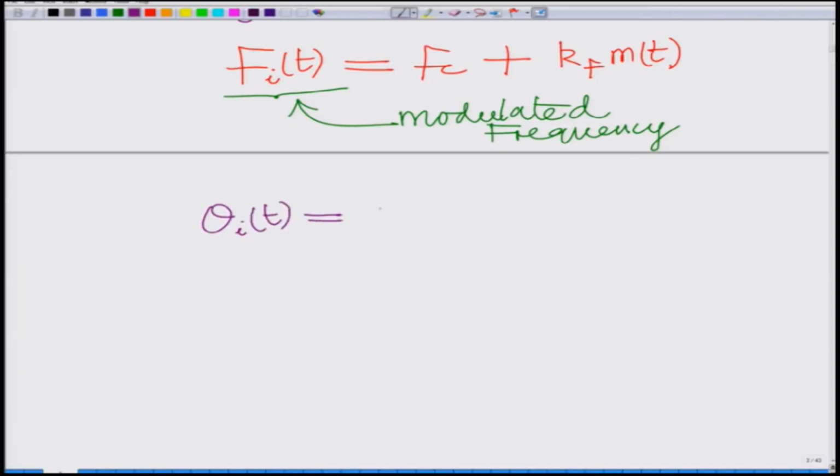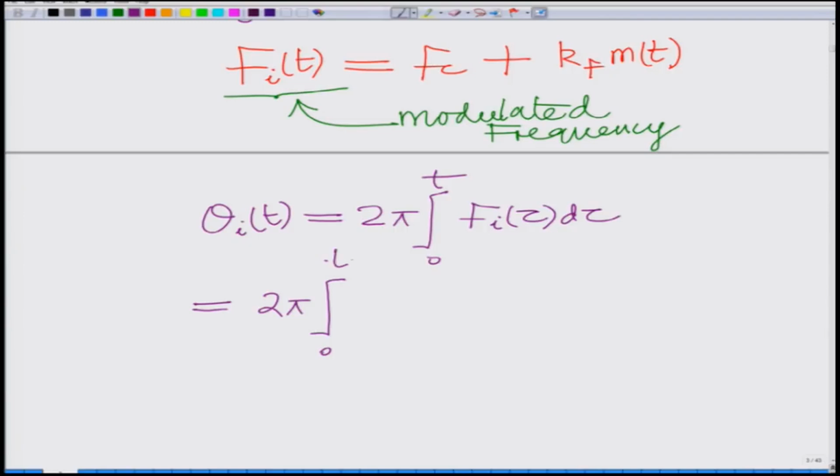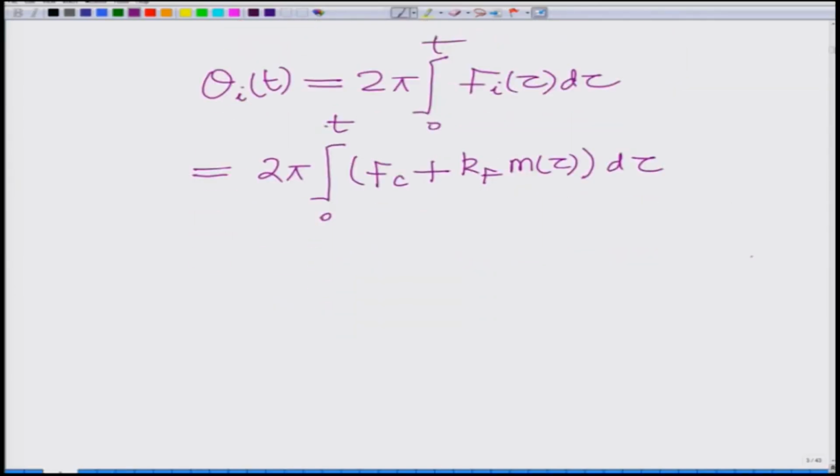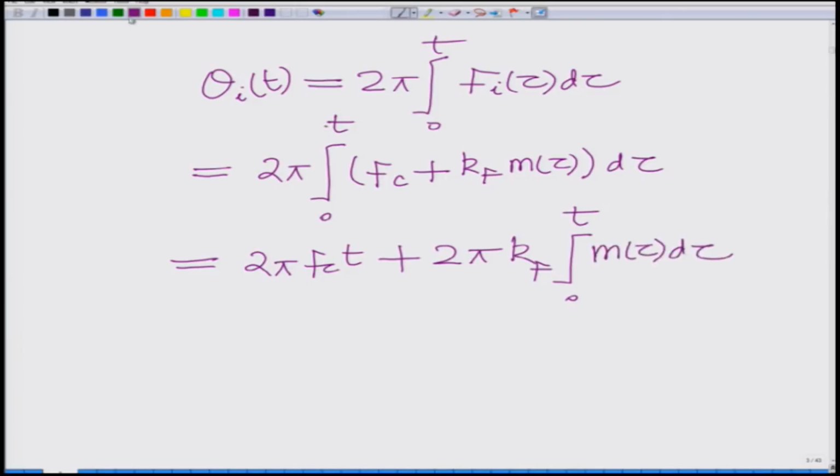theta_i(t) equals 2 pi integral 0 to t f_i(tau) d tau, which is basically 2 pi integral 0 to t of (f_c plus k_f m(tau)) d tau, which is equal to 2 pi f_c t plus 2 pi k_f, since k_f is a constant, integral 0 to t m(tau) d tau.